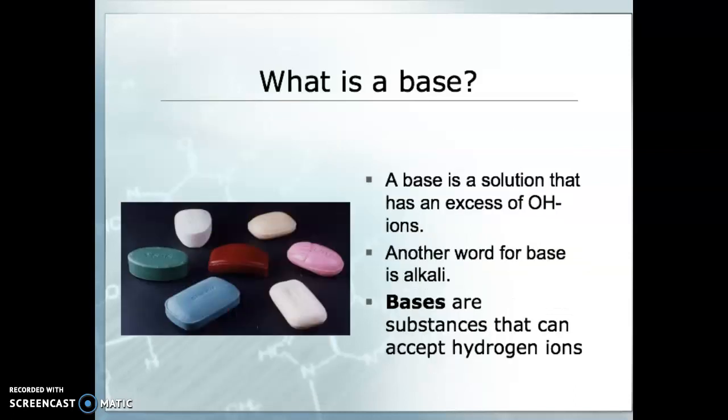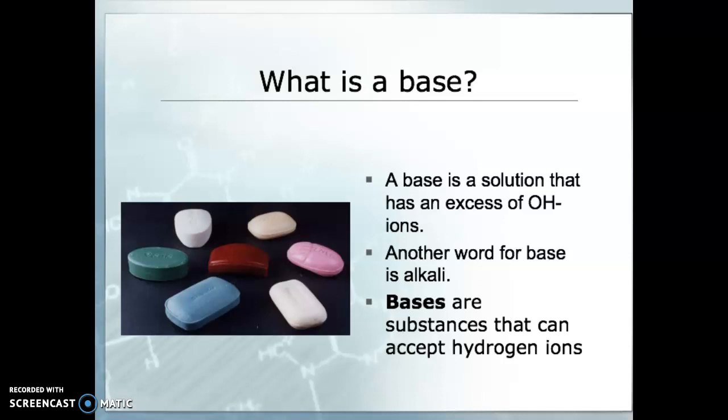Now, the opposite of an acid is a base, and a base has an excess of hydroxide ions. Hydroxide is an oxygen and a hydrogen bound together, but it's not like water. Water is H2O, so that means there are two hydrogens and one oxygen. A hydroxide has one oxygen and one hydrogen, and it has a negative charge.